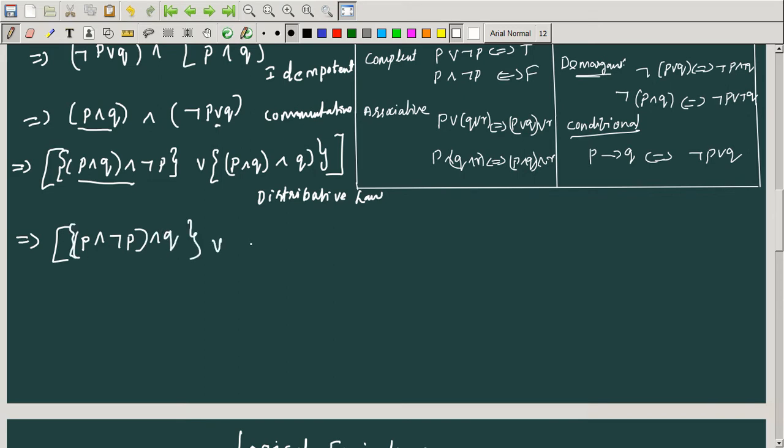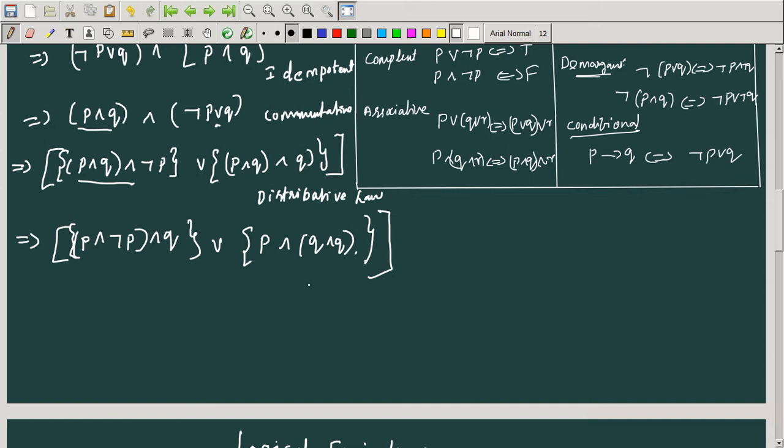R I'm writing as it is. This I'm going to do associative, that is P and Q and Q. This bracket is not required.